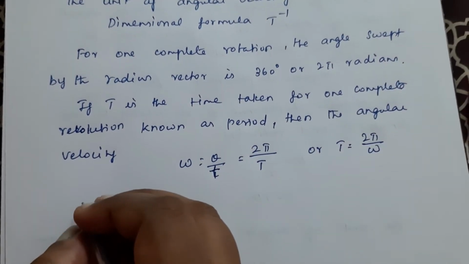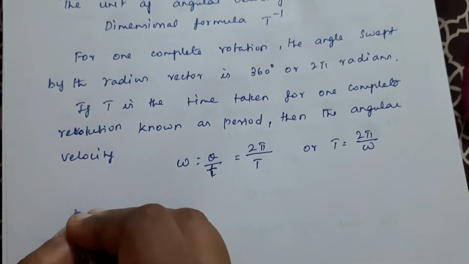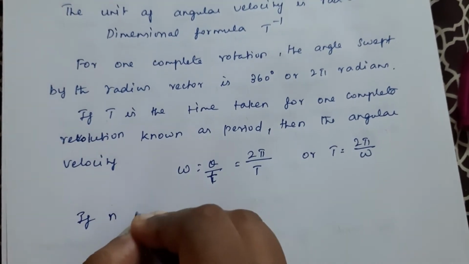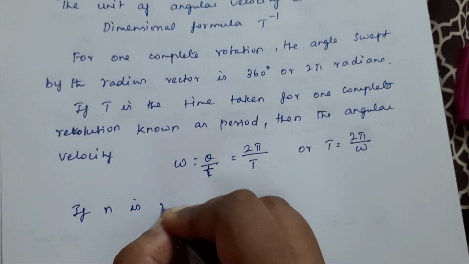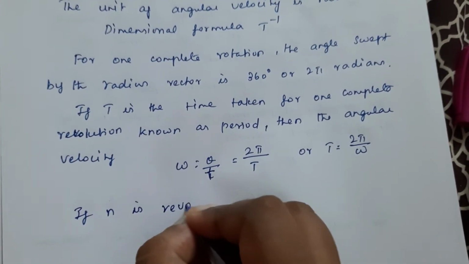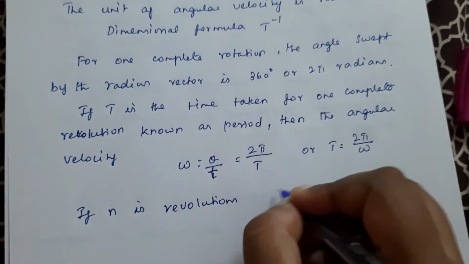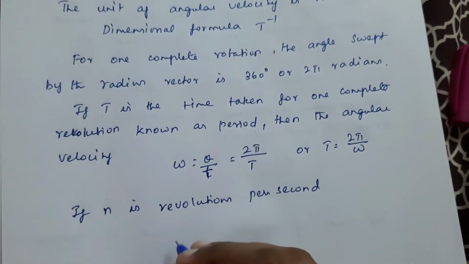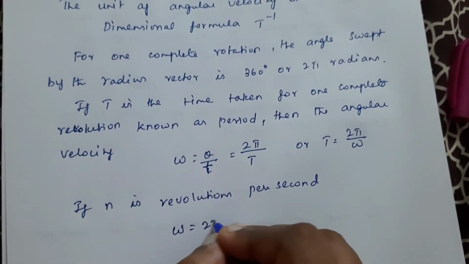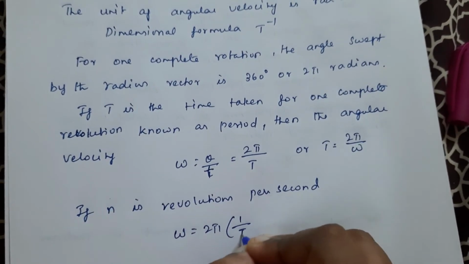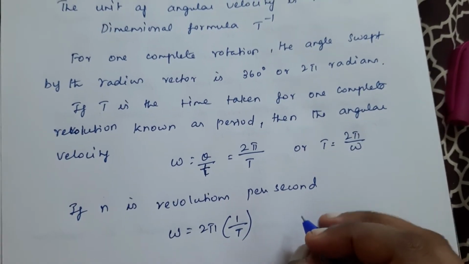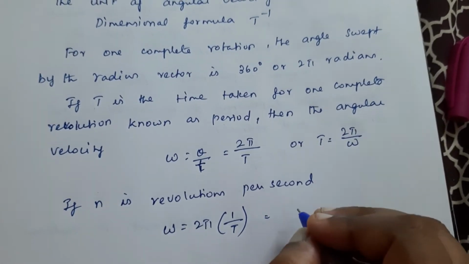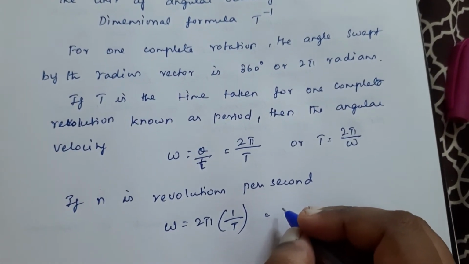Suppose n is the number of revolutions per second, then this can be written as omega is equal to 2 pi into 1 by T. We know 1 by T is equal to n, that is, frequency is equal to 1 by time period.